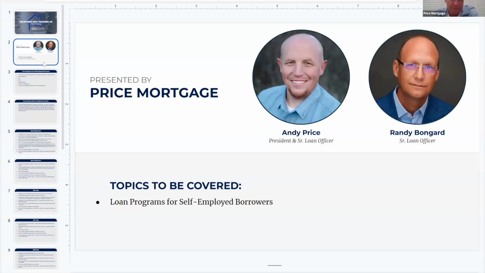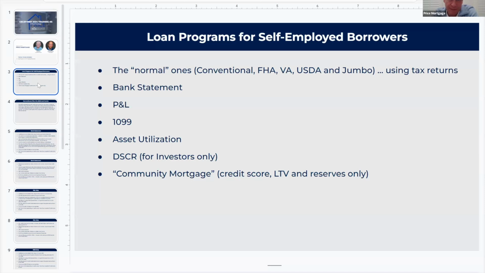We're just talking about loan programs for self-employed borrowers. There's the normal way to do it: conventional, FHA, VA, USDA, jumbo, just using somebody's tax returns. But if there's not enough income on the tax returns, then we can do non-QM loans, and they have different loan programs.